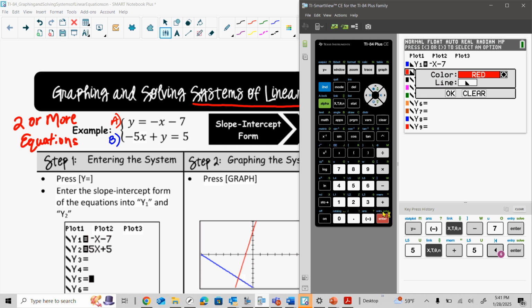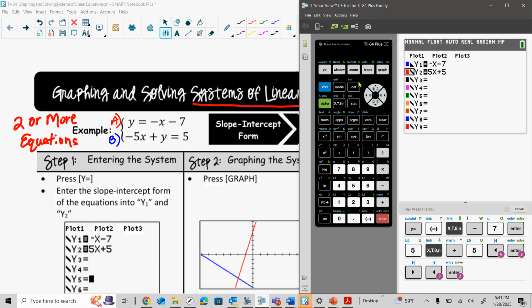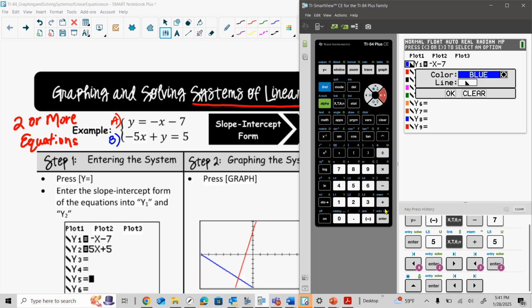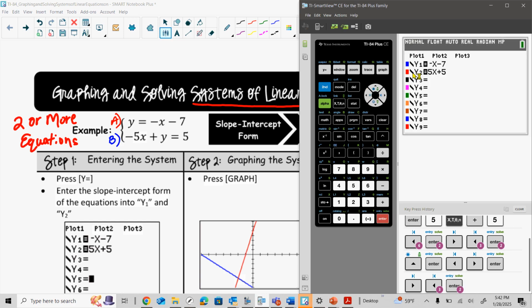So we need to make it a line. So I'm going to go left, left, left. There's my line. Enter, hit OK. So I'm going to go up and change my y1, hit enter, and then I'm going to change left and hit enter to change my line. See, we want the line to be a solid line right here, okay?